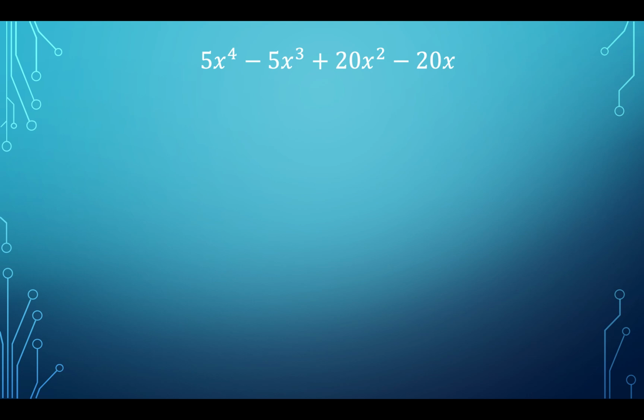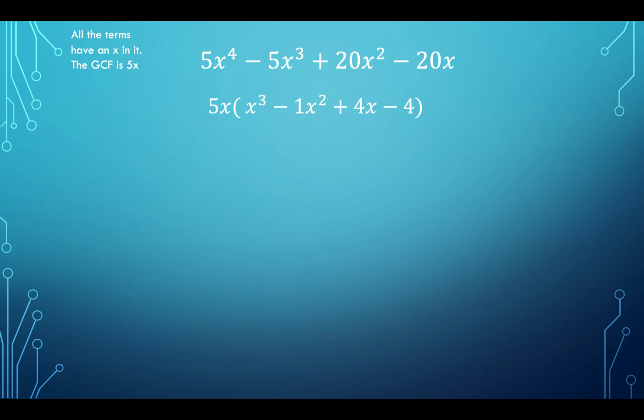It just makes factor by grouping a little easier because then it'll be in the simplest form. So all the terms have an x in it, and the greatest common factor between all of this is 5x. So our factored form becomes 5x times x to the third minus 1x squared plus 4x minus 4.